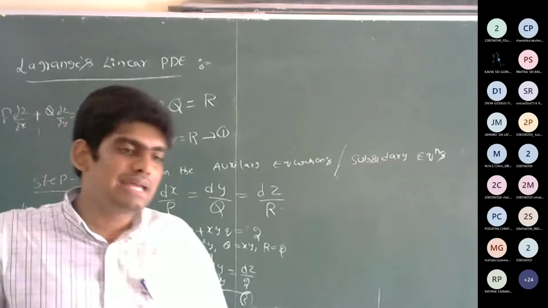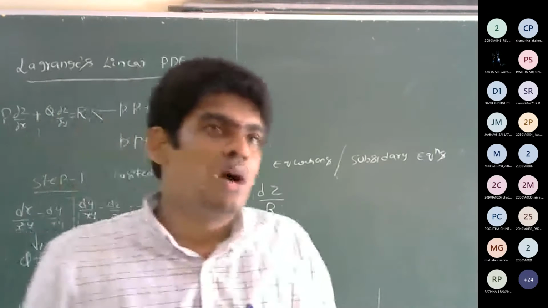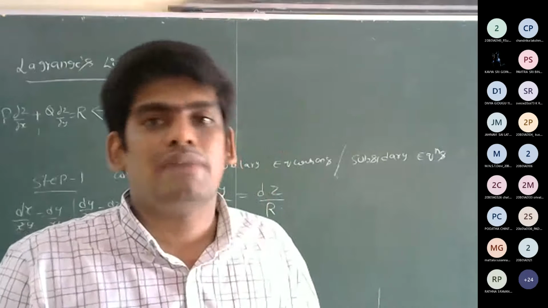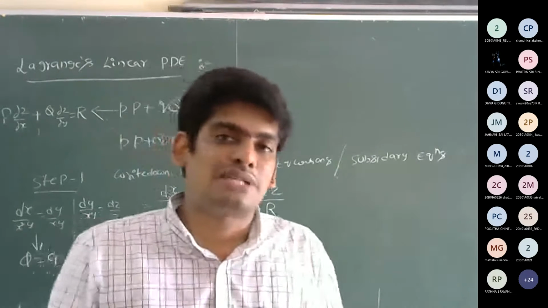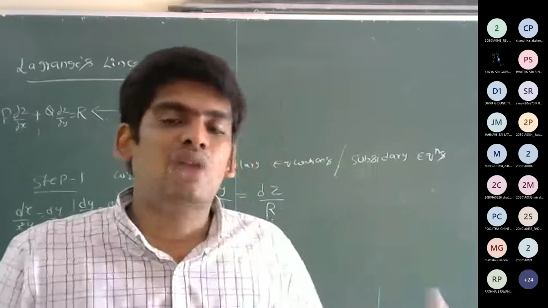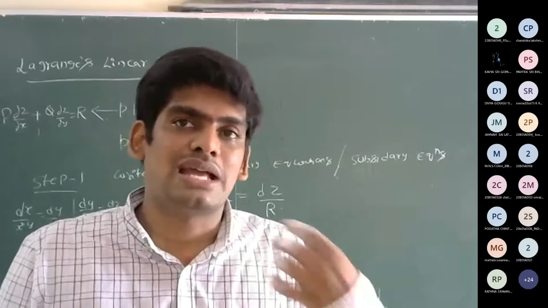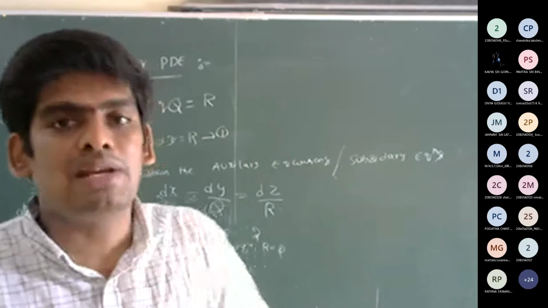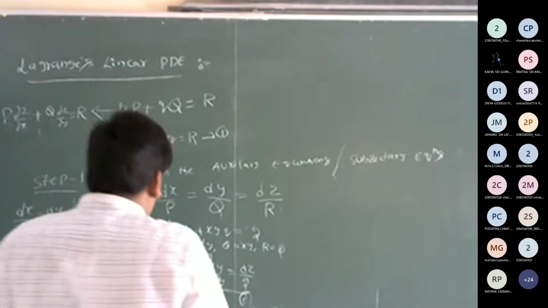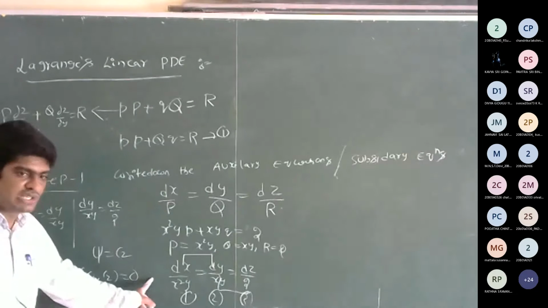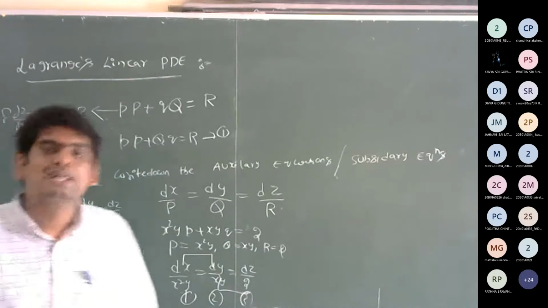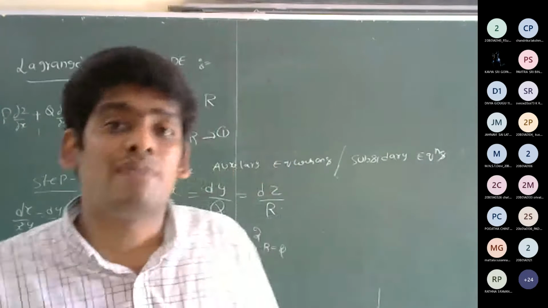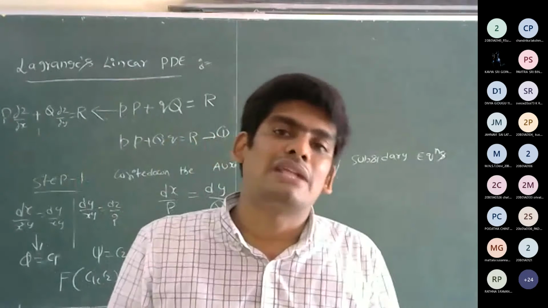Grouping means by taking any two expressions from the subsidiary equation and solving them, we get two solutions, and the combined solution f of C1, C2 is equal to 0 is called the general solution of the given Lagrange's form of PDE by using the method of grouping.